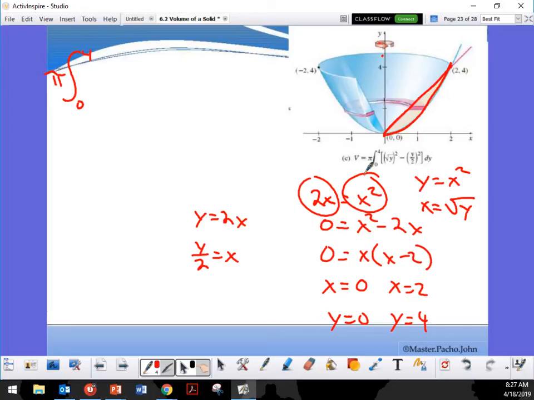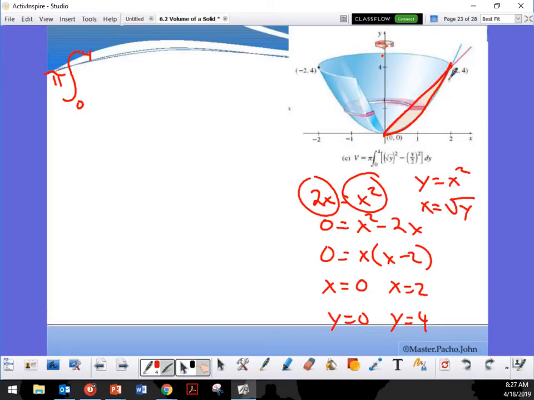Okay, so now I'm going to clean this up a bit. So now, let's take a look. So I'm going to have the outside minus the inside. So the outside is going to be the square root of x, right?